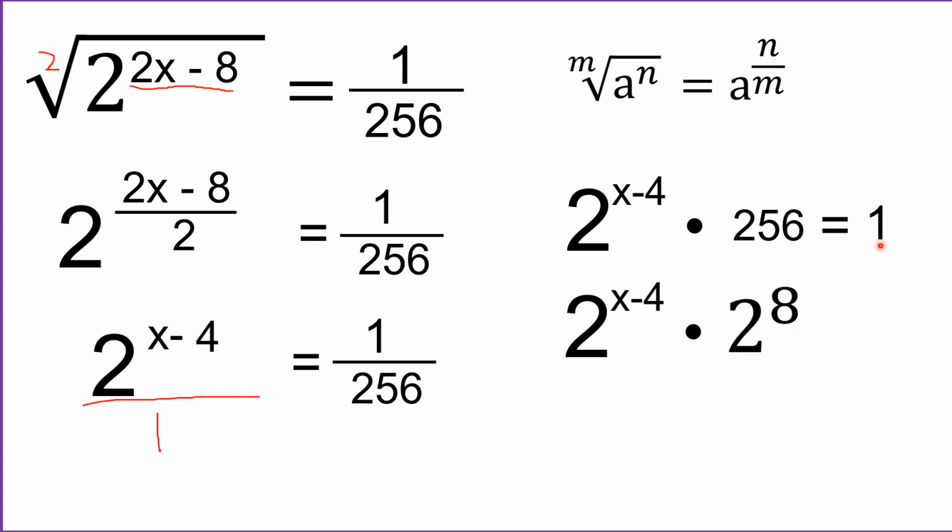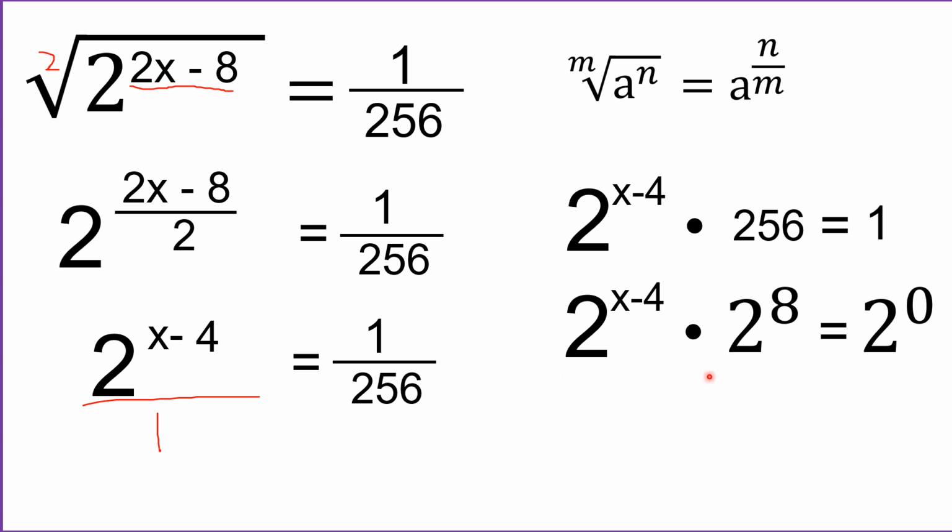We're going to rewrite 1 in exponential form with base 2. So this becomes 2 raised to 0. 2 raised to 0 is equal to 1, or any number raised to 0 is equal to 1. So notice here that all the bases are the same, 2.